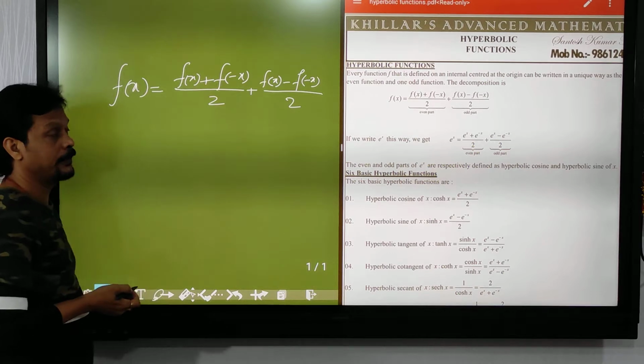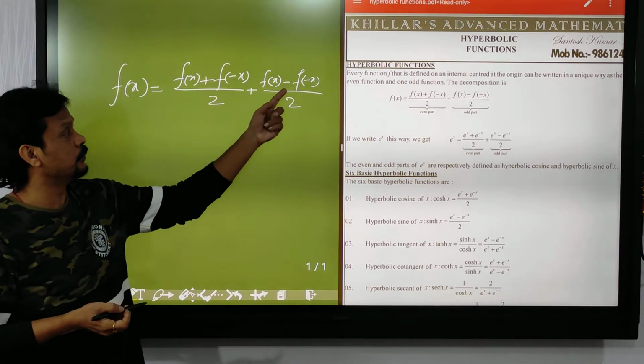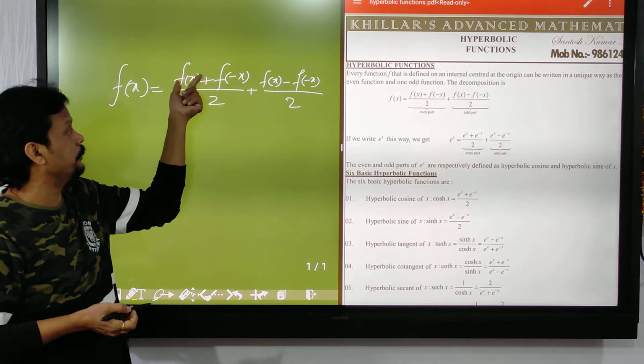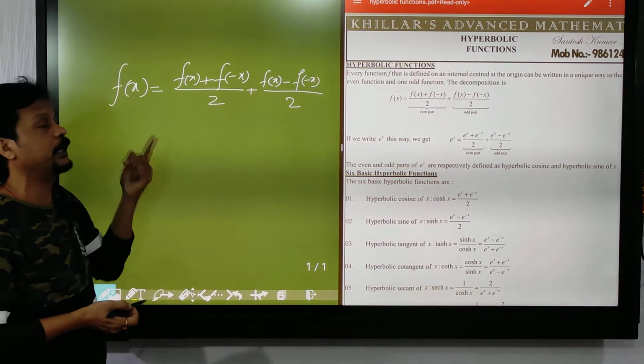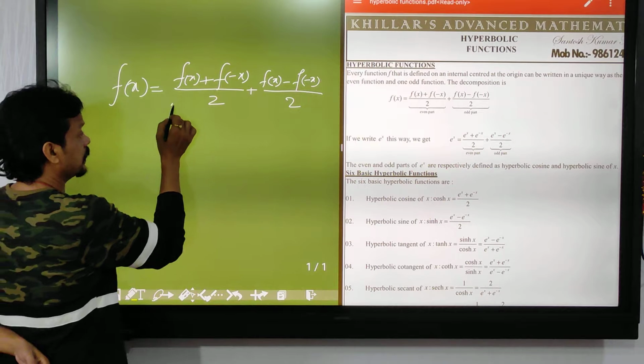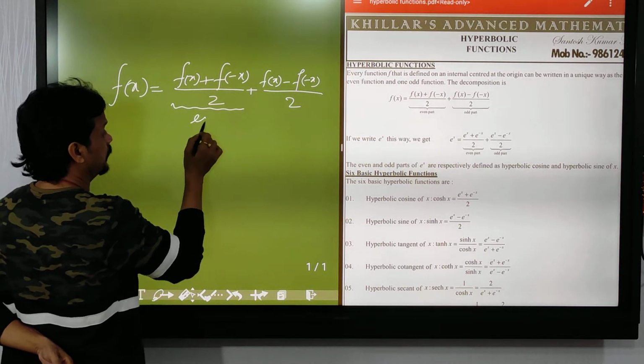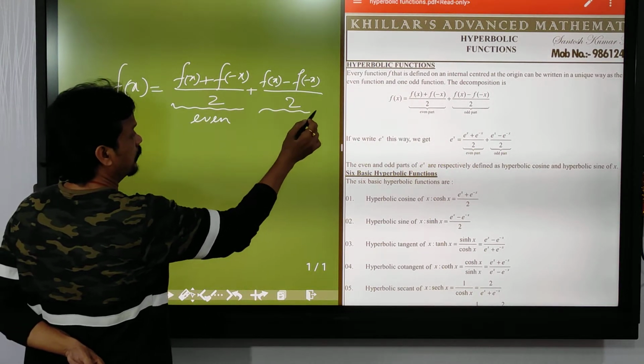Because if you add these two, minus and plus cancel out, f of x plus f of x will be twice f of x divided by 2, it will be f of x. The first one is the even function and the second one is the odd function.